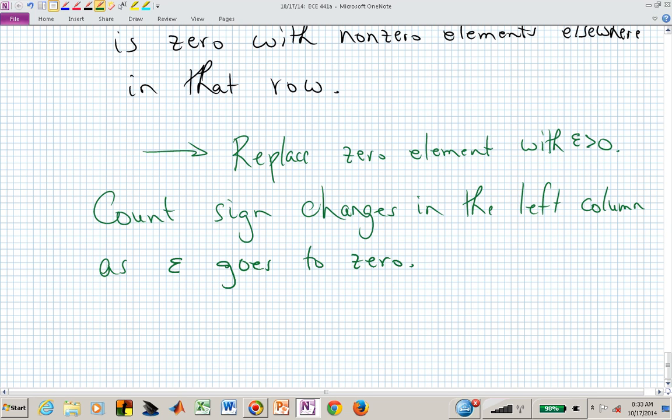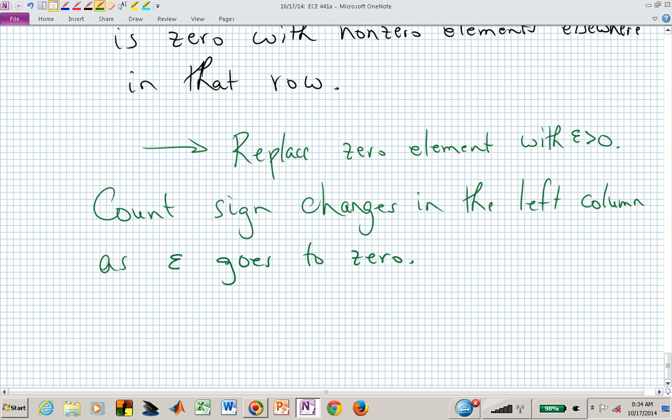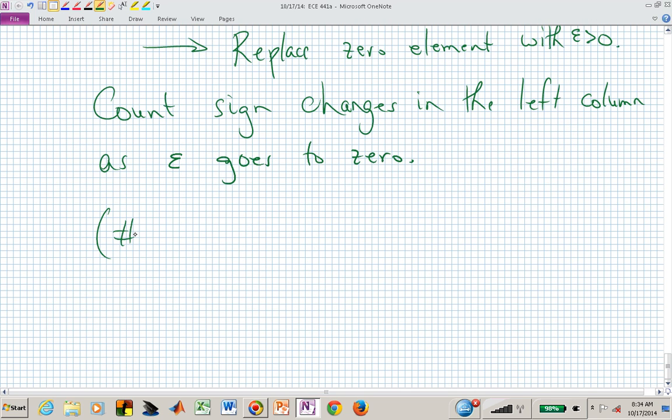So now we let epsilon go to 0, and whatever that results in, maybe we had an epsilon minus 6. We let epsilon go to 0, what's that element going to become in terms of its sign? Epsilon minus 6 is going to be negative, isn't it, as epsilon goes to 0. So now you would have a negative sign in that particular row of the left column, and you would incorporate that when you're counting sign changes. Once you've counted the sign changes, you can use the same rule that we had before.